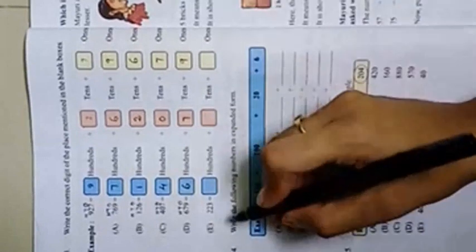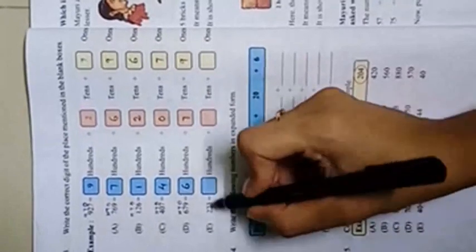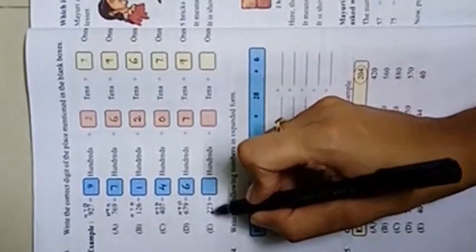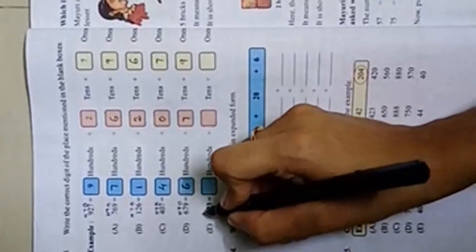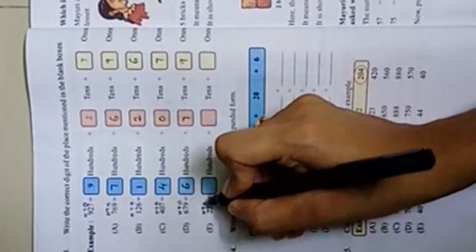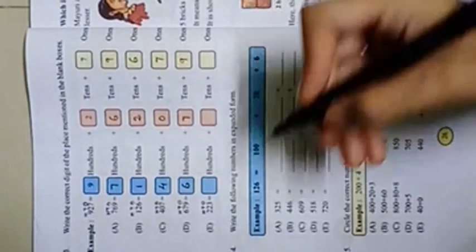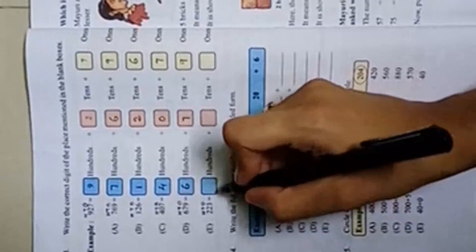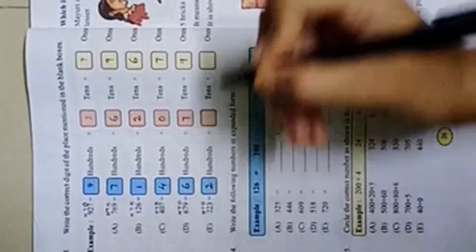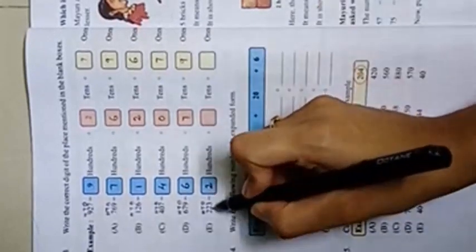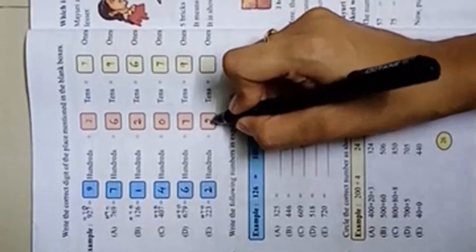Understood? Next, you tell me. Okay. Now, first of all, what do I have to do? First, you have to write places of the digits: hundreds, tens, and ones. Now, tell me, how many hundreds are here? There are 200. How many tens are here? There are 2 tens.